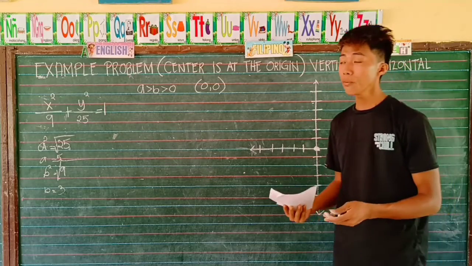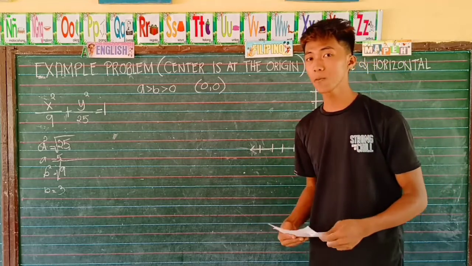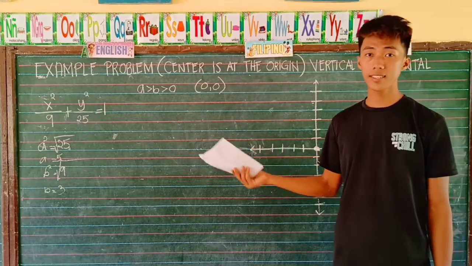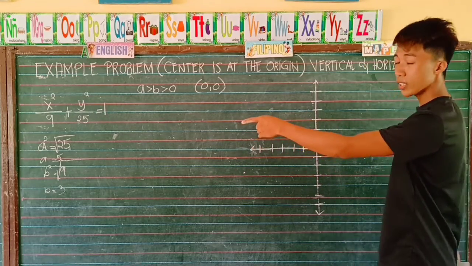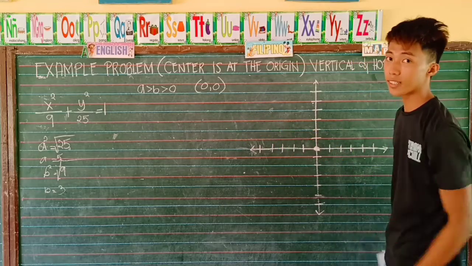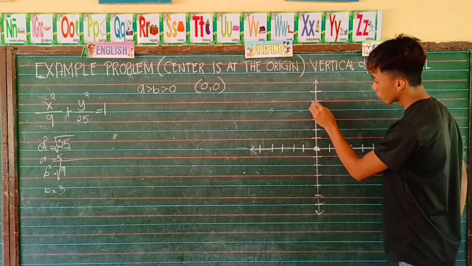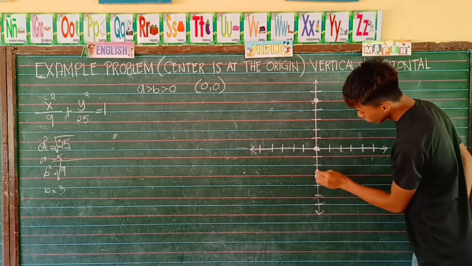Since ang forma sa atong ellipse is vertical, it means ang atong vertex naa sa y-axis, right? Since the atong A or vertex is equal to 5, we will plot that. 1, 2, 3, 4, 5. So the atong first vertex. 1, 2, 3, 4, 5.